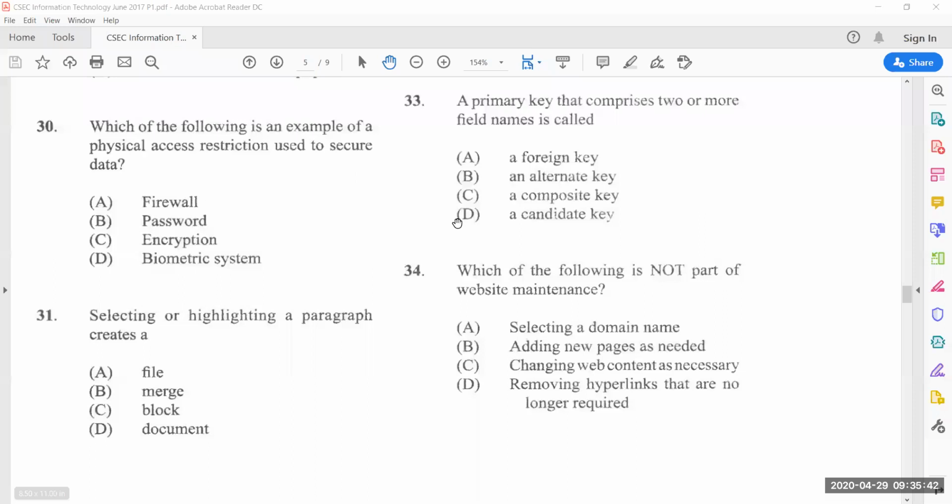Right, so the answer is composite key, right, which is C.